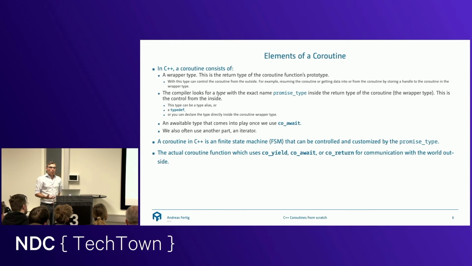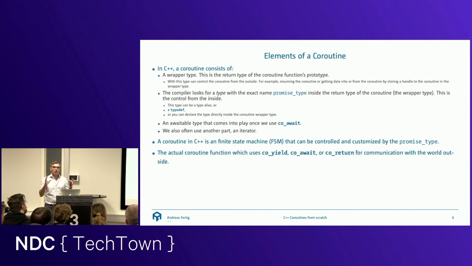The elements of a coroutine, so what a coroutine consists of in C++, are basically 2 elements, but they can go up to 4. The 2 basic things: in C++ we must have a wrapper type to have an interface into the coroutine.